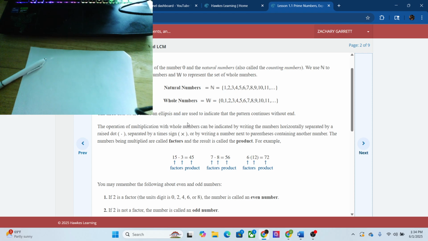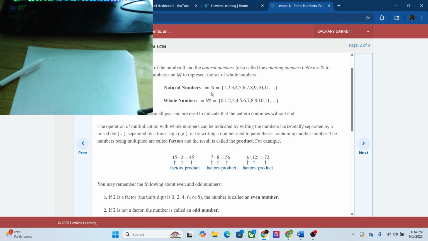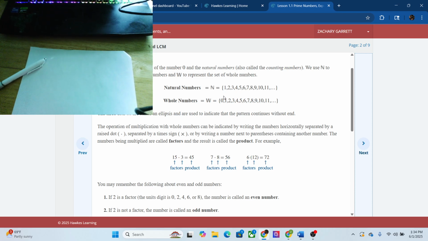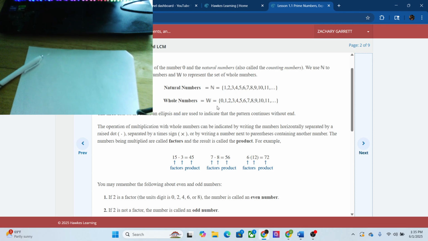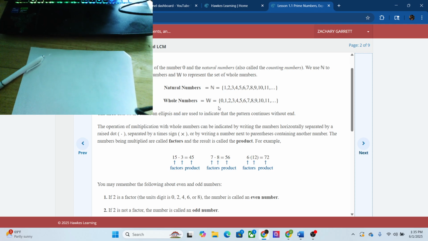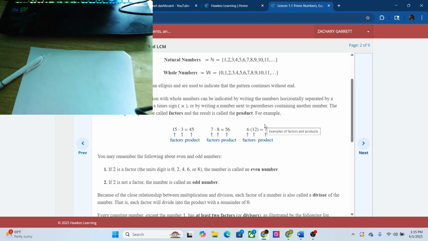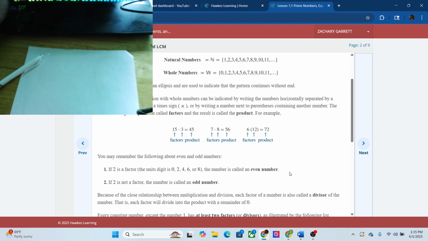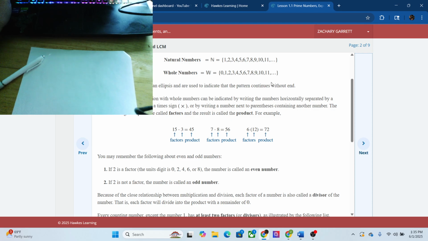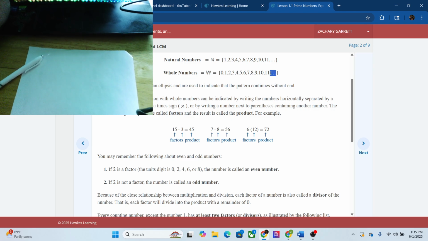The set of natural numbers can be designated as N equals curly braces, and those are the counting numbers, so 1, 2, 3, 4, 5, 6, 7, etc. Whole numbers are designated by a W equals curly braces, 0, 1, 2, 3, 4, 5, 6, etc. The three dots are called ellipses and are used to indicate that a pattern continues without an end. You can see the ellipses here. These are the curly braces here.